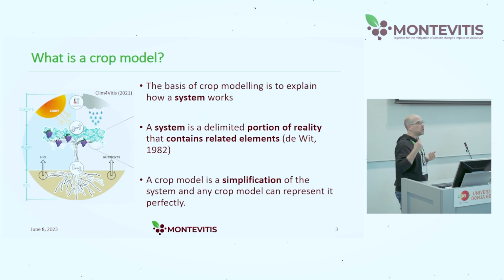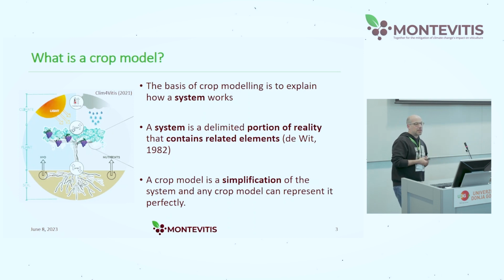For example, the phenology, as we saw before, but also some other more focused scales, like leaf development, or the biochemical characteristics, or respiration and exchange between the plant and the atmosphere. The exact definition of a system is generally a limited portion of reality that contains related elements, and this definition was established in 1982.